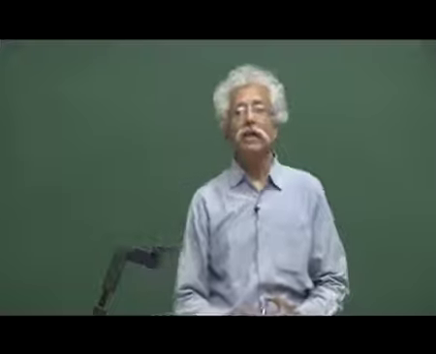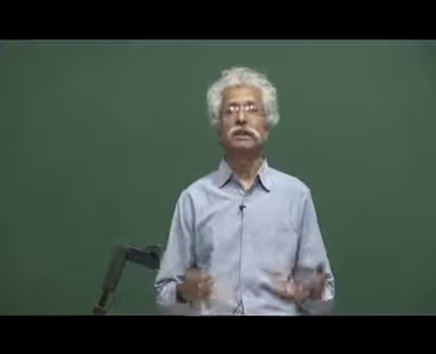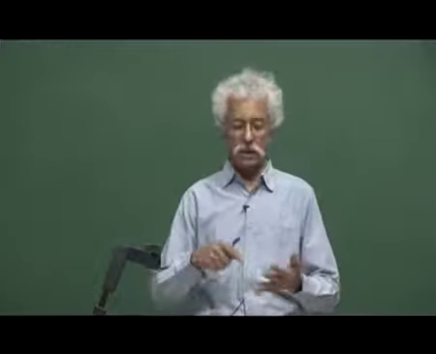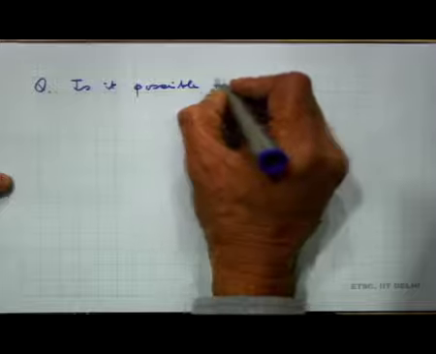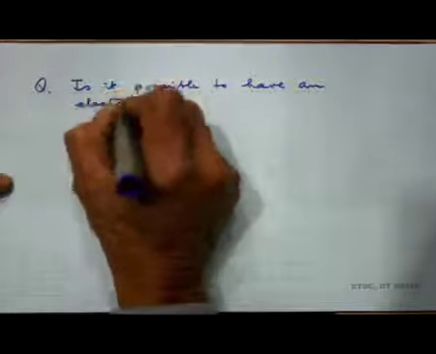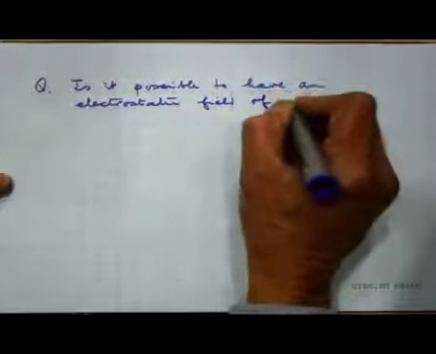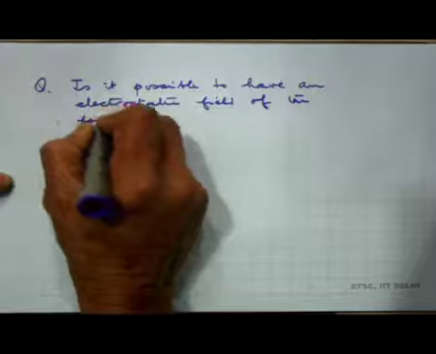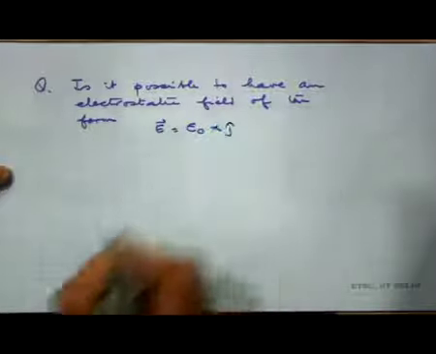So, the first thing that we have seen is that electrostatic fields are fields produced by charges at rest, and those fields satisfy certain kinds of equations. We have seen Coulomb's law, we have seen Gauss's law and so on. Now, the first question which I want to look at is, is it possible to have an electrostatic field of the form E is equal to E naught x j cap.